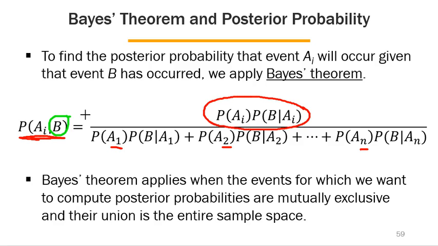Whatever that event B might potentially be. So we're looking at the probability that the event of interest takes place, but then over here we're looking at the probability of that conditioning event happening given our event of interest, A sub I, taking place.